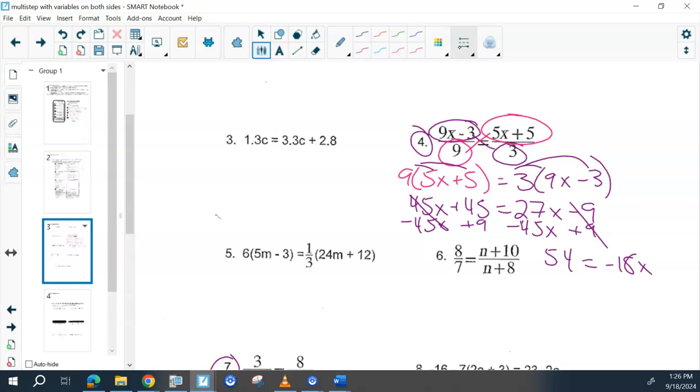And then divide. So the x is what? Where did the 9 come from? 3 times negative 3. What is x? Close.